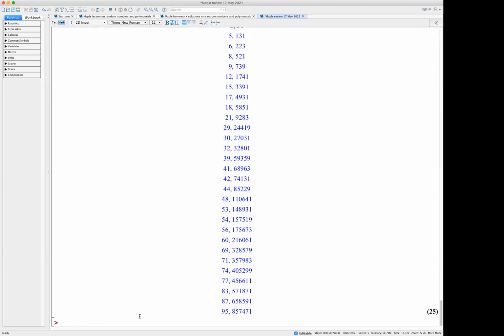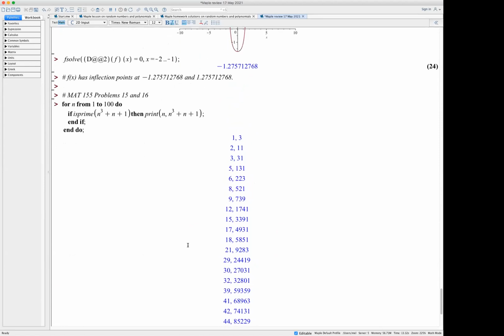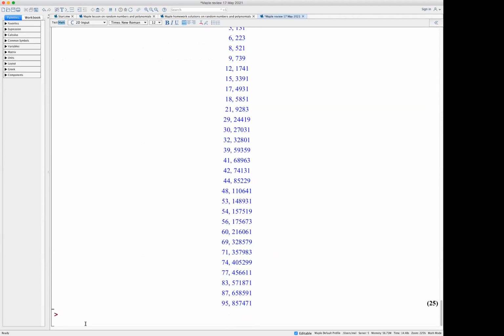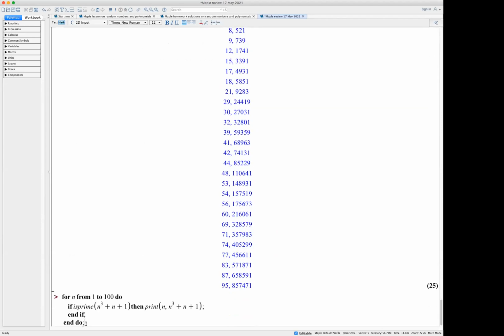And there they are. But in problem 16, I don't want to write them out. I just want to count them. So I need to modify this program a little bit. So let me introduce a variable that will just count the number of the primes.